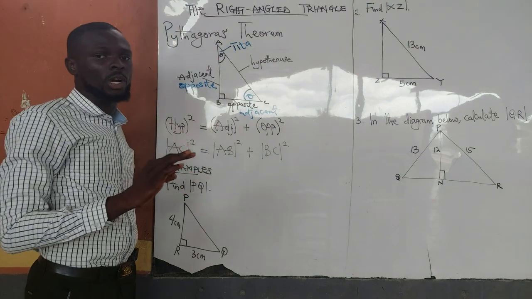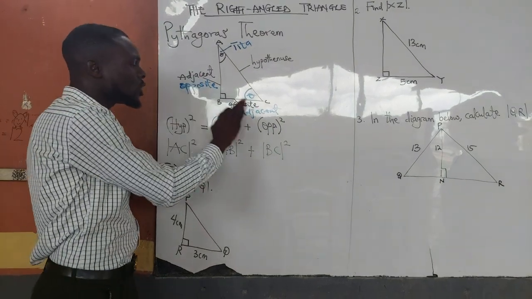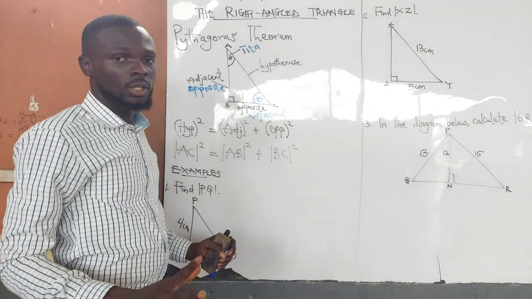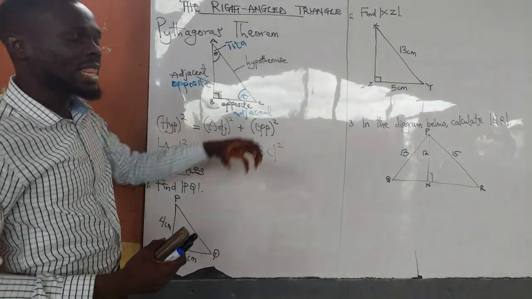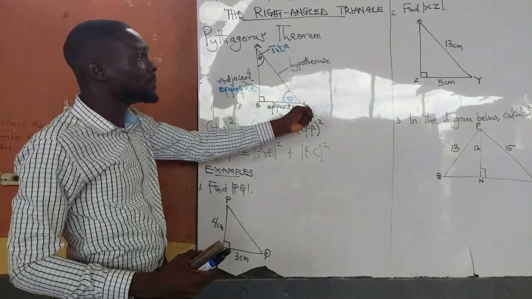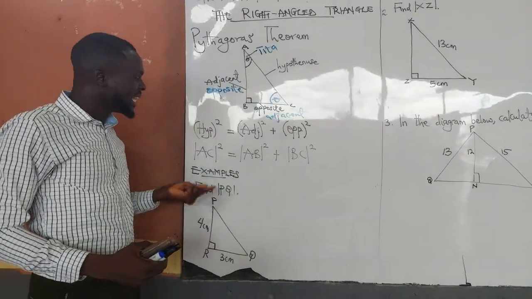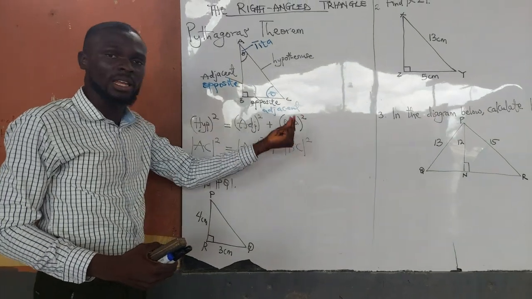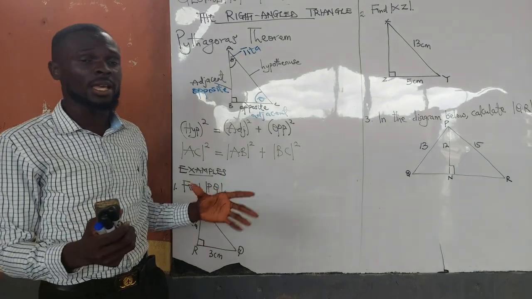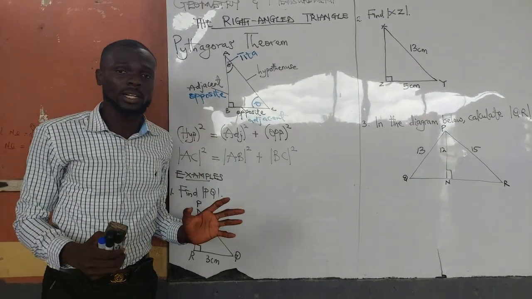That is what the theorem states. And this theorem works only for a right angle triangle. So now that I know that the hypotenuse squared is equal to the adjacent squared plus the opposite squared, I can solve any question given to me based on a right angle triangle.